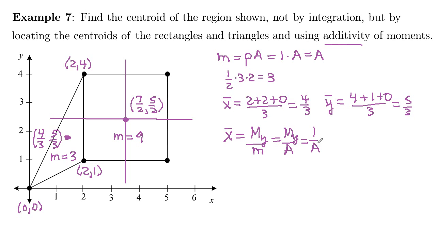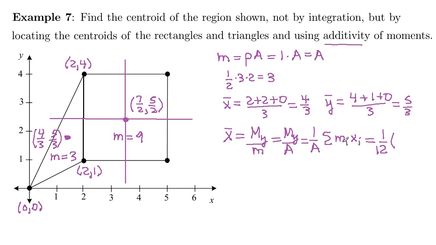And then the y moment, you sum up the mass for each region, times the x coordinate of the centroid for each region. Our total area here was 9 and 3, 12, so 1/12.